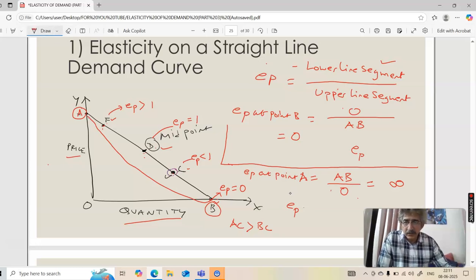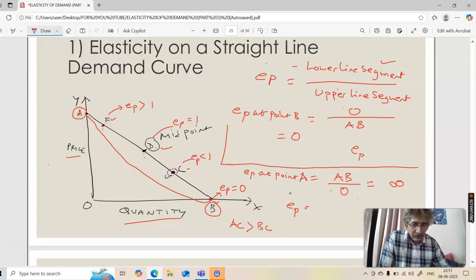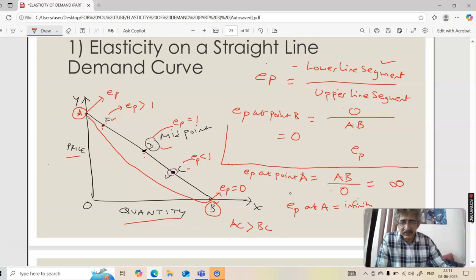Just pay attention. That EP at point A is infinity. I'm mentioning here that at point A, price elasticity is infinity.